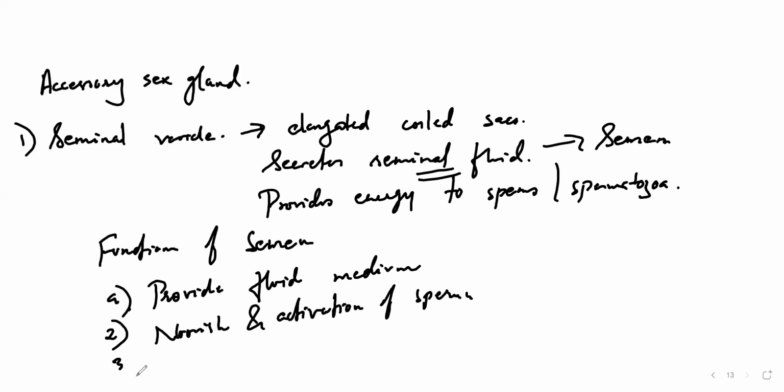And third, it will provide lubrication to the female tract. So these are the functions of the semen which is produced by the seminal vesicles.